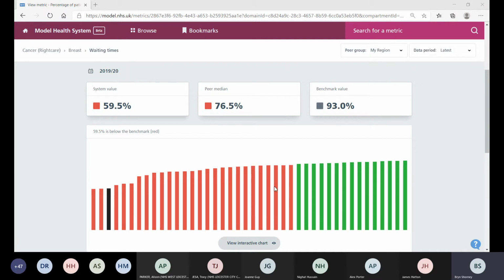Certainly any feedback very much welcome. As I say, this is all very new and very much a work in progress. So very happy to get any feedback and to help us improve it.